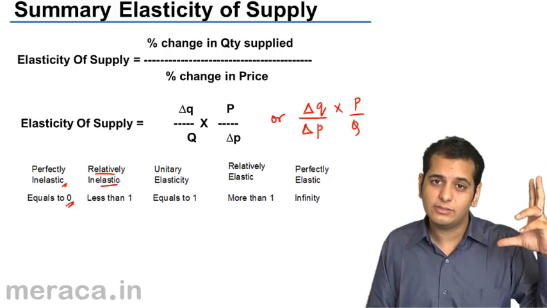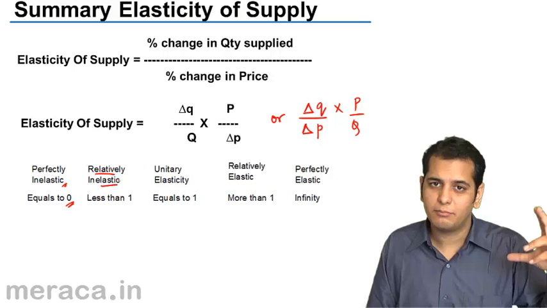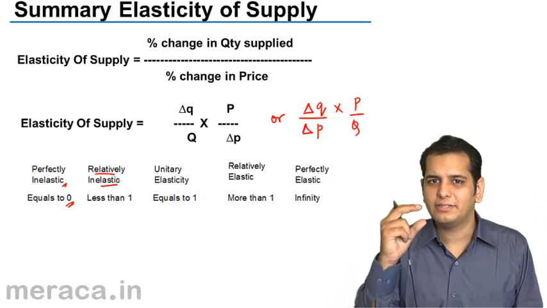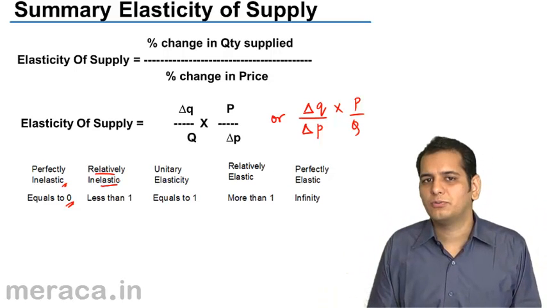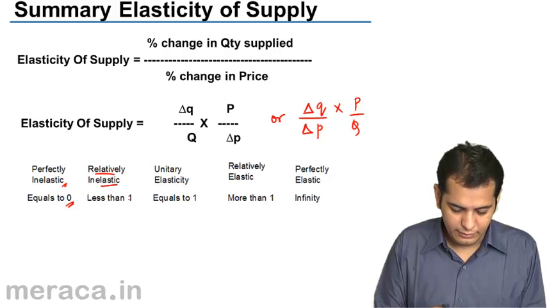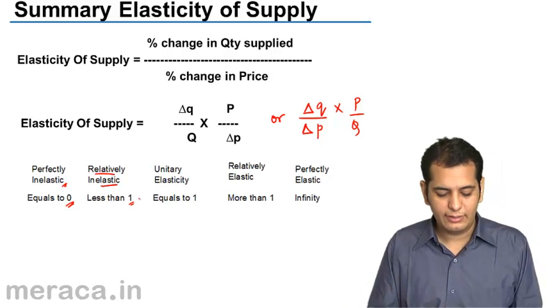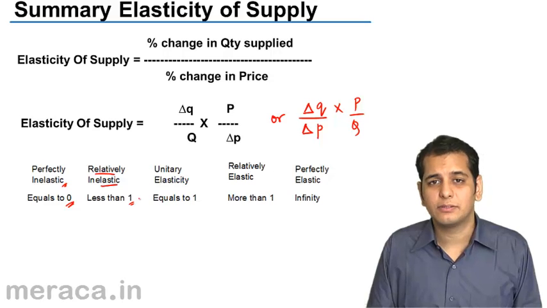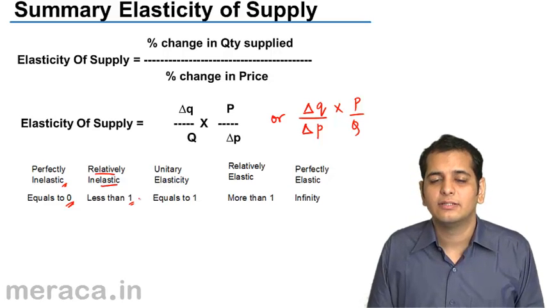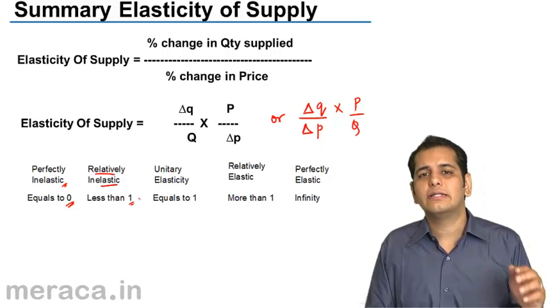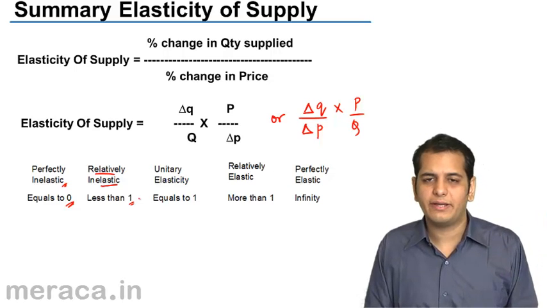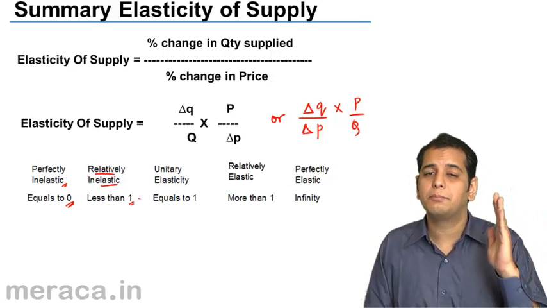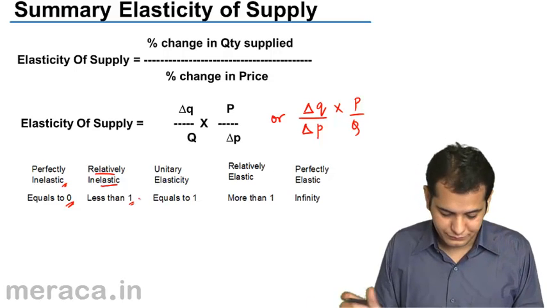That is, the price changes by a bigger amount, but the supply changes by a smaller amount. So we call it relatively inelastic. If the supply is relatively inelastic, the supply curve is generally tilted towards the y-axis. It is a steeper supply curve.